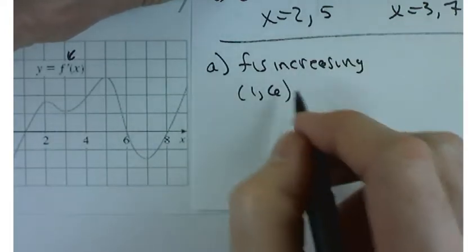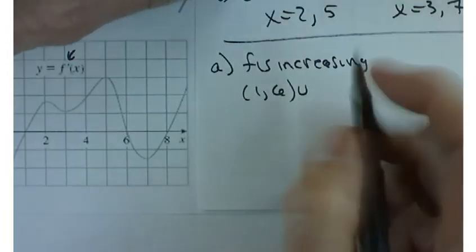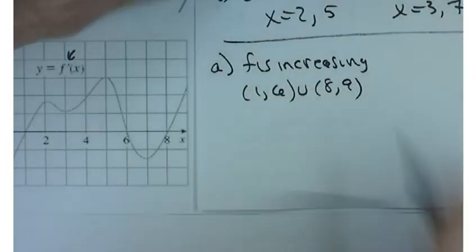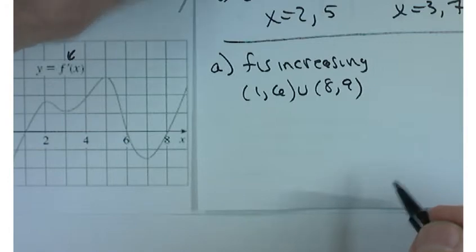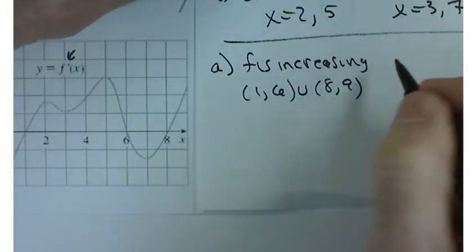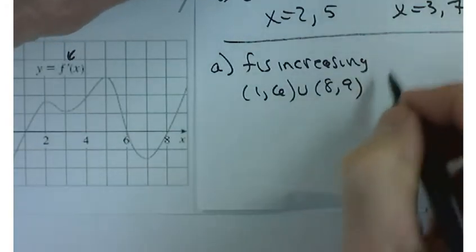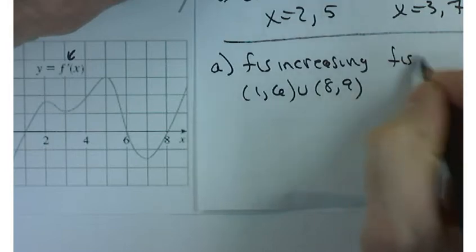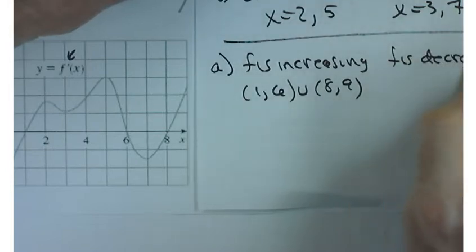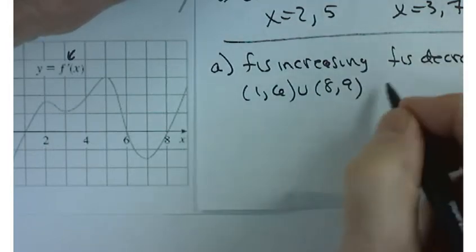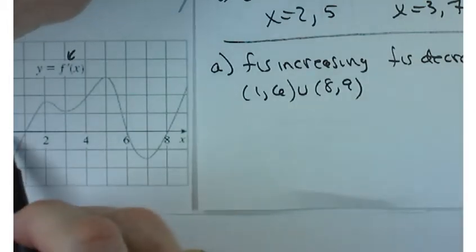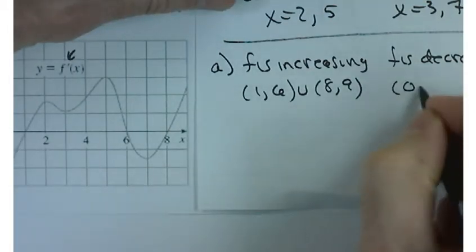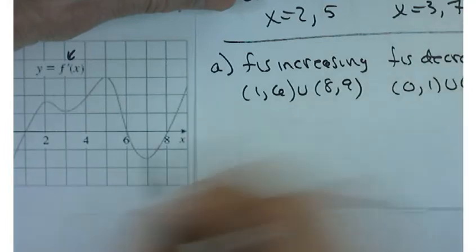Where else? 8 to 9. This is much more fun of a problem. Thanks, Drew. F is decreasing. Yeah, 0 to 1, and 6 to 8.